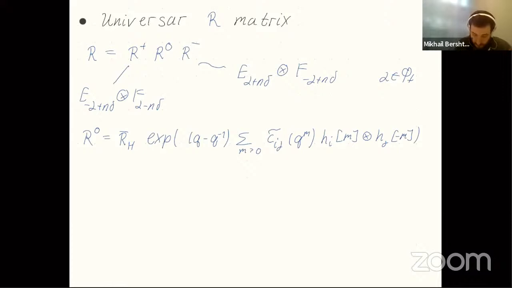Here this C tilde ij I will define in a minute more explicitly, but in words this is the inverse of the Cartan matrix. Of course, the Cartan matrix is now the q Cartan matrix. And the H_i are loop generators of the affine quantum group.